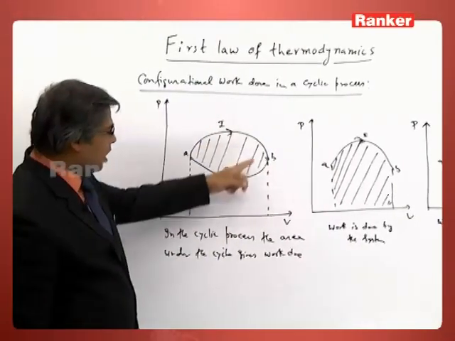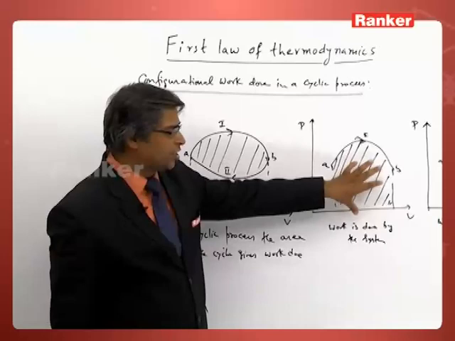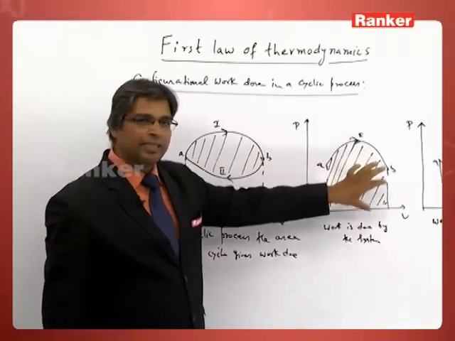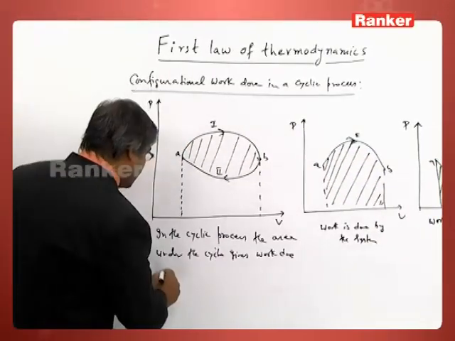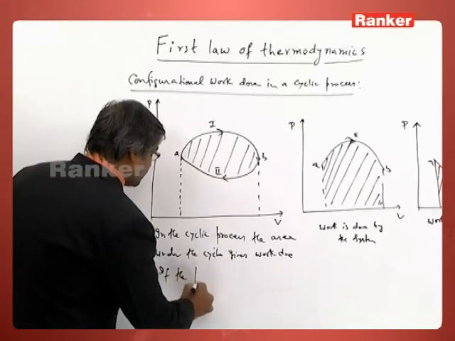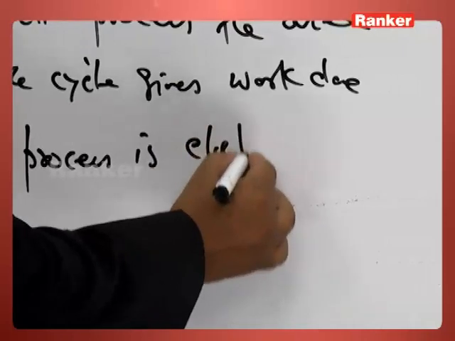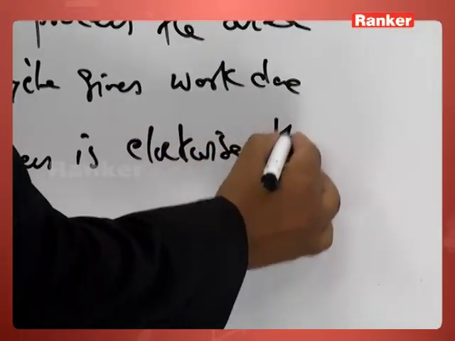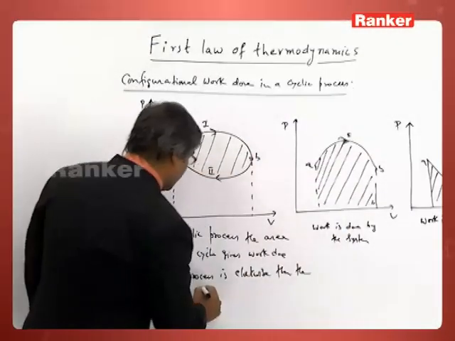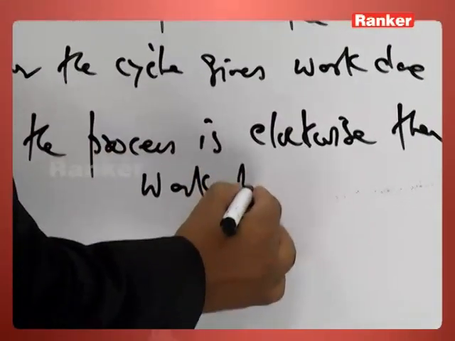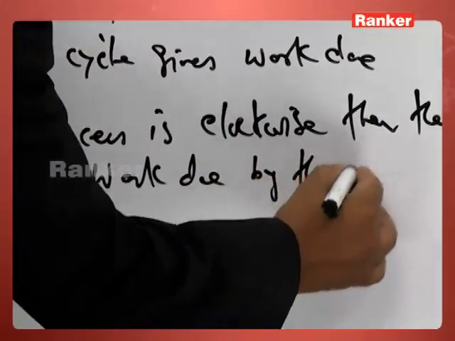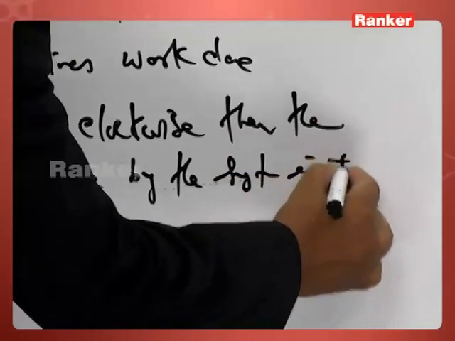Now you see this is a clockwise process, and you can see net work is done by the system. So if the process is clockwise, then the work done by the system is positive.